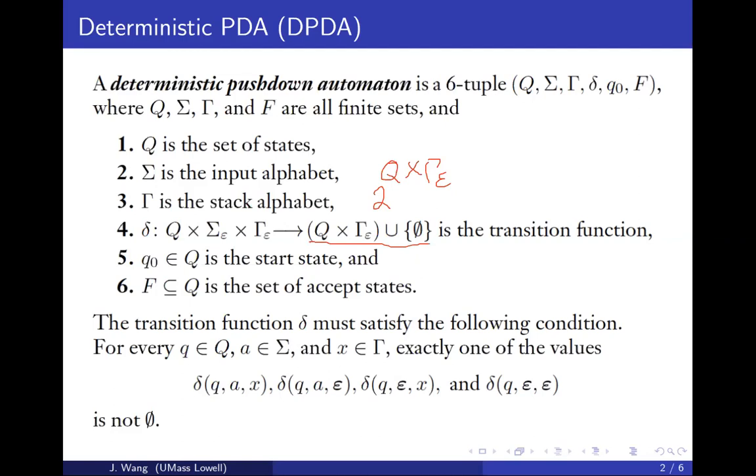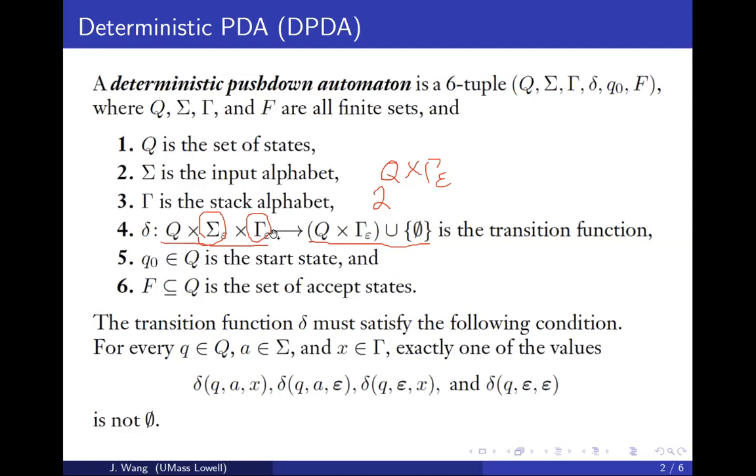Also, if you look at the left-hand side here, it is sigma epsilon and gamma epsilon. It means you could take an input symbol or epsilon as input, and you could also take a stack symbol or epsilon. So you have two choices here and two choices there; altogether, four choices.